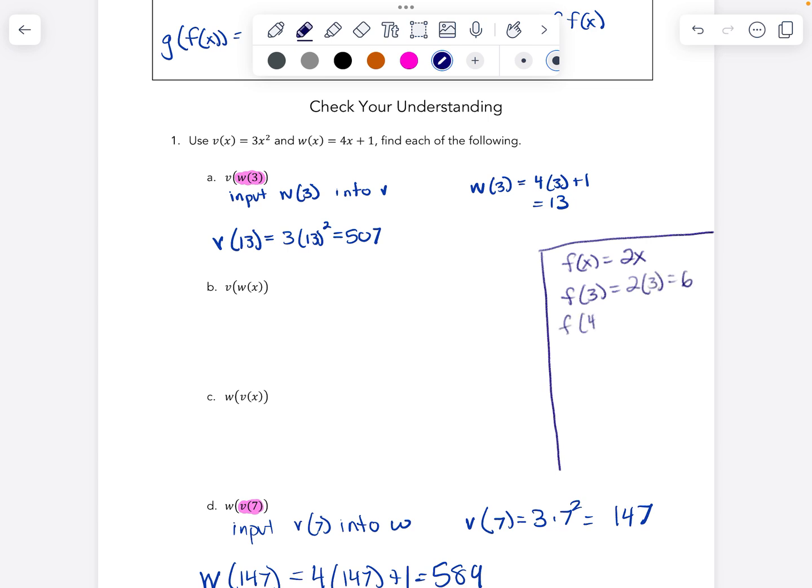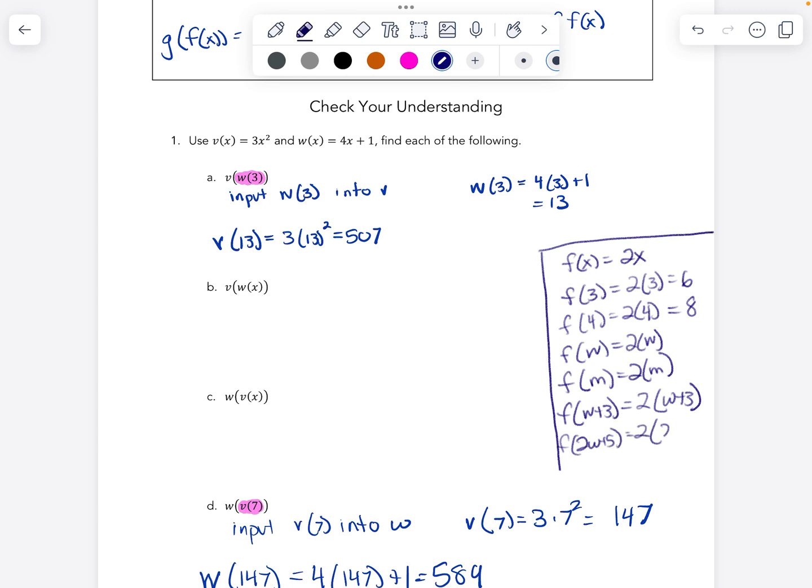If I said f of 4, 2 times 4 is 8. If I did f of w, it'd be 2 times w. If I did f of m, it'd be 2 times m. If I did f of w plus 3, it'd be 2 times (w plus 3). If I did f of 2w plus 5, it'd be 2 times (2w plus 5). So we're just replacing it, and sometimes it can have more than one term.